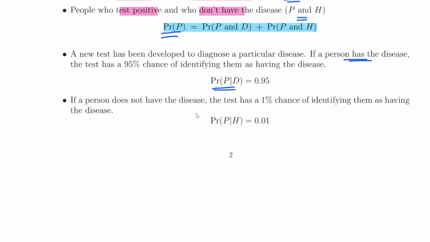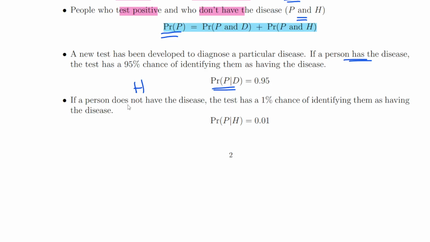If a person does not have the disease, the test has a 1% chance of identifying them as having the disease. In this case, we're calling that H. Sorry, I'm not consistent between H and H because I spend half my time in London and half my time in Ireland.